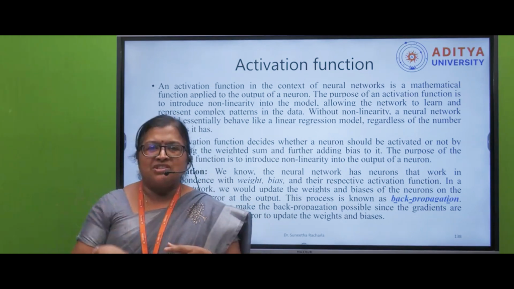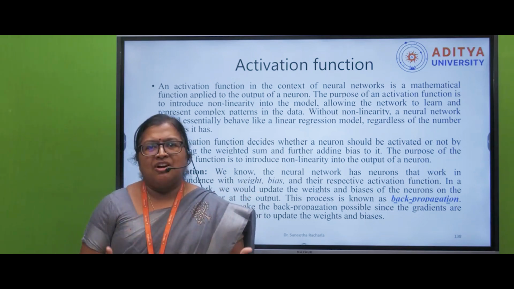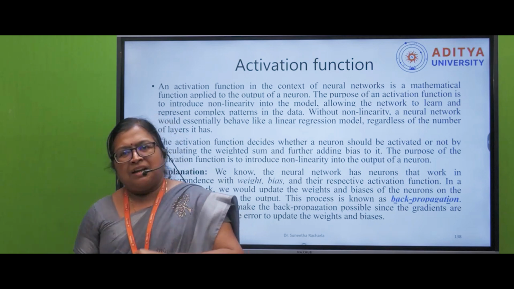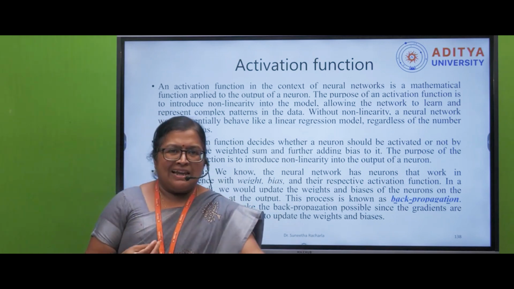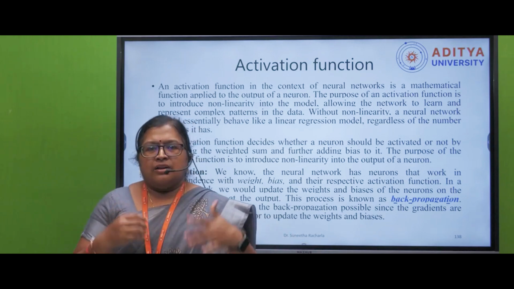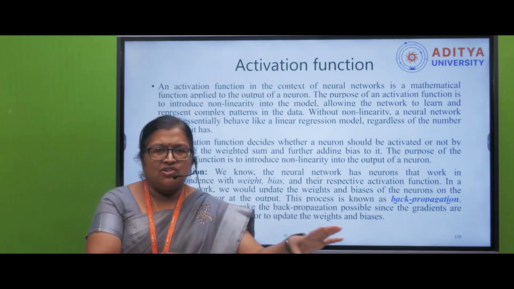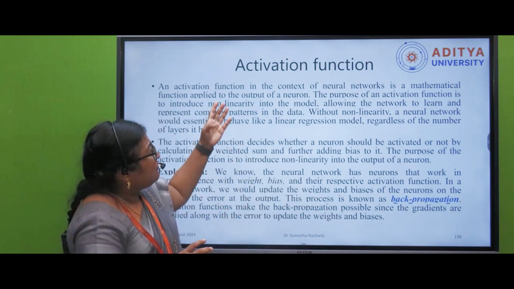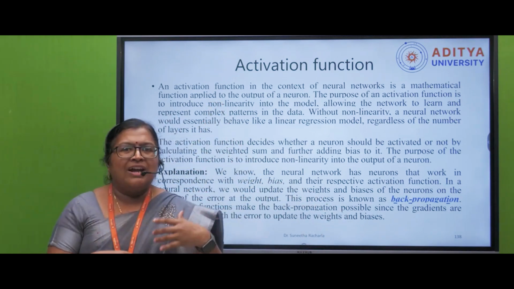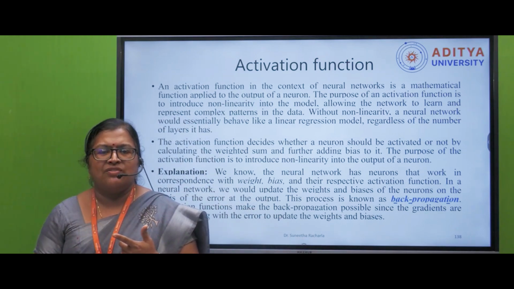Like that in machines also, while doing neural networks, there should be some function or logic that tells a particular neuron for a particular algorithm that at this time you have to activate more, or at this time you have to activate less. That is the main function of an activation function: it tells a particular neuron when to switch on and when to switch off.